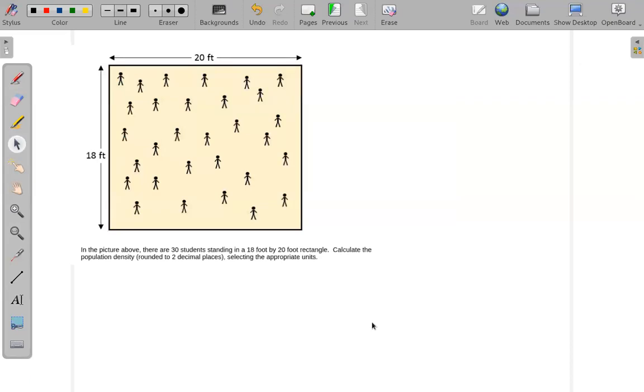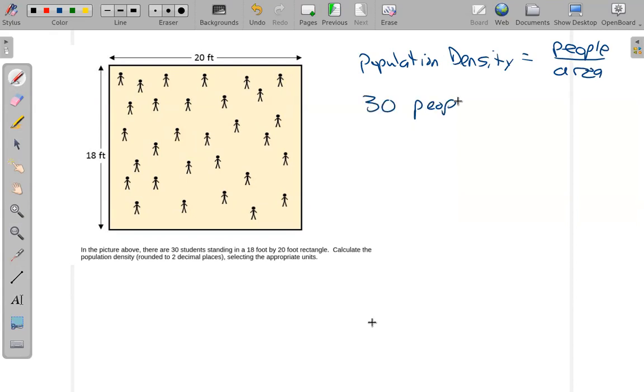All right, so let's play with this situation here. So we want to consider the population density of this situation. And remember, population density is always people divided by area. So the people here, well, that's 30. And the area here is the 20 feet times 18 feet.